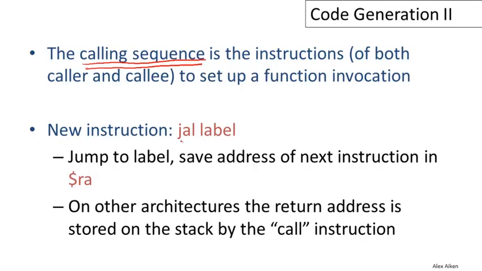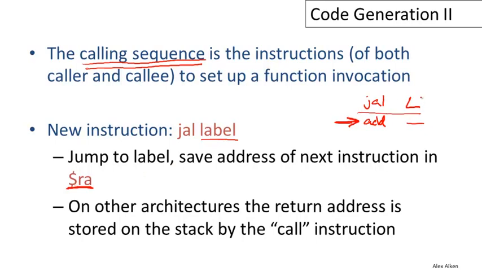So jump and link, what it does is it jumps to the label that's given as an argument, and it saves the address of the next instruction after the jump and link in the register RA, which stands for return address. So if I have jump and link to label L, and then there's, say, an add instruction that comes next, it's the address of this instruction, the one after the jump and link, that will be stored in the register RA.